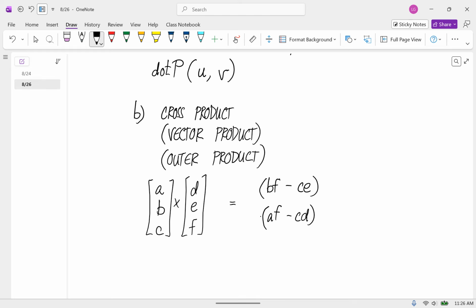In this case, we take the negative of what we got there. Okay? And then for the Z component, cross out those two Z components. It's this times this minus this times this. And so the Z component is AE minus BD.